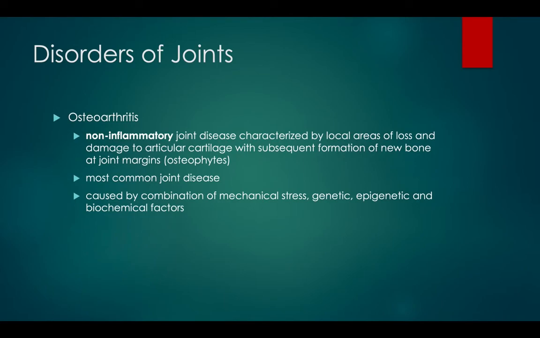It's the most common joint disease. It's caused by a combination of mechanical stress, genetics, epigenetics, and biochemical factors. So either through constant mechanical stress or genetic causes, or both, you get a breakdown of the articular cartilage, and that's what causes osteoarthritis.